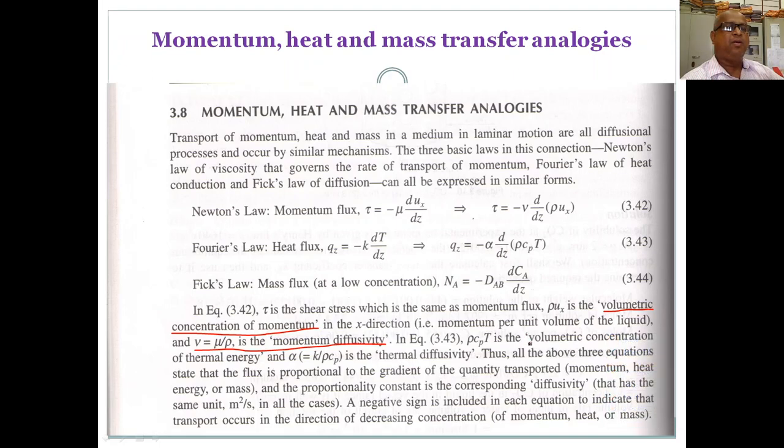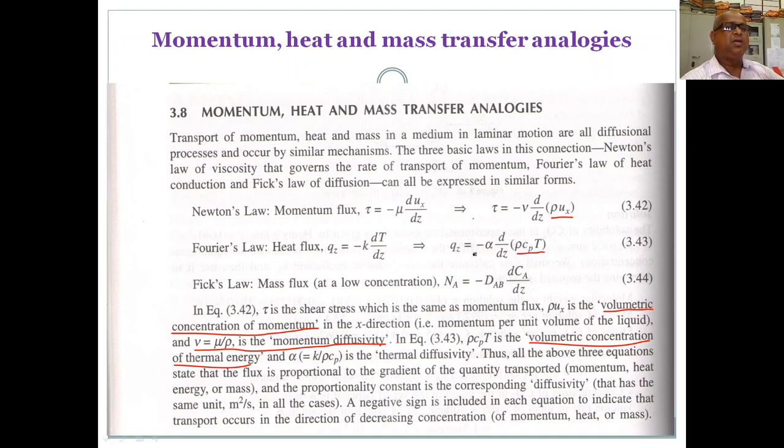So thermal energy per unit volume here, and momentum per unit volume earlier.